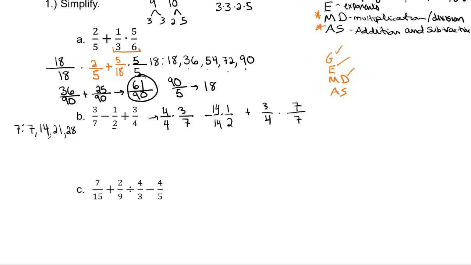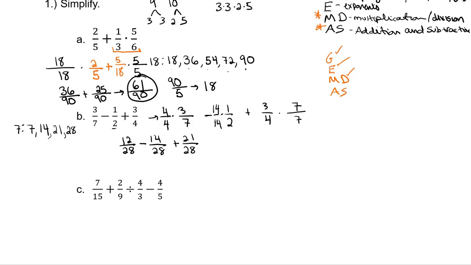Now I'm going to go ahead and combine, so I get 12 over 28 minus 14 over 28 plus 21 over 28. Okay, so found my common denominators, which is always the first step when you're adding and subtracting fractions.